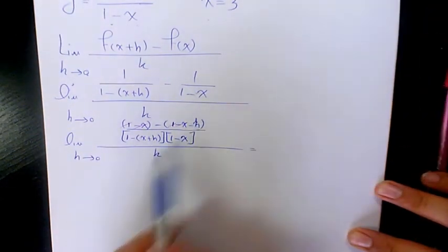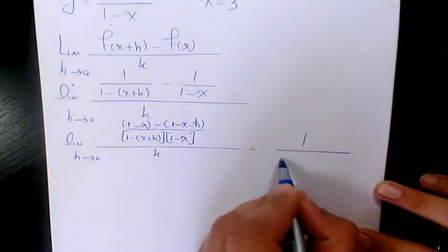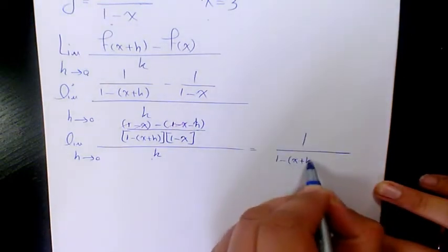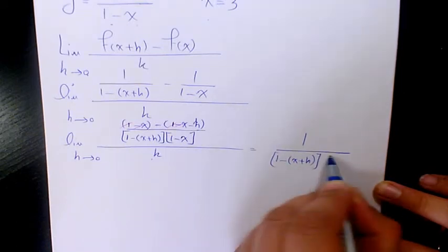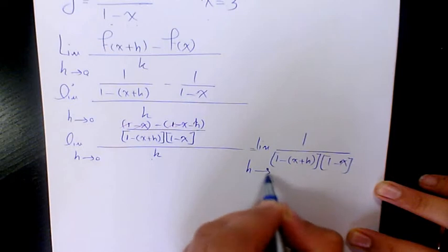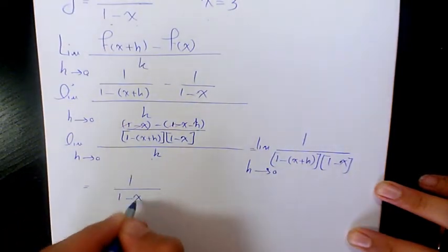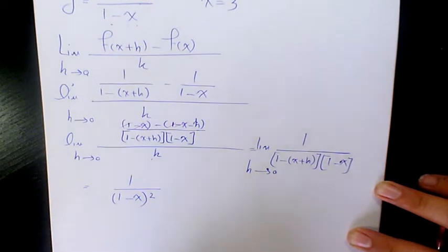Then this positive h and the h in here cancel out, and we're going to have 1 over (1 minus x minus h) times (1 minus x), limit as h approaches 0. So it is going to be 1 over (1 minus x) to the power of 2.